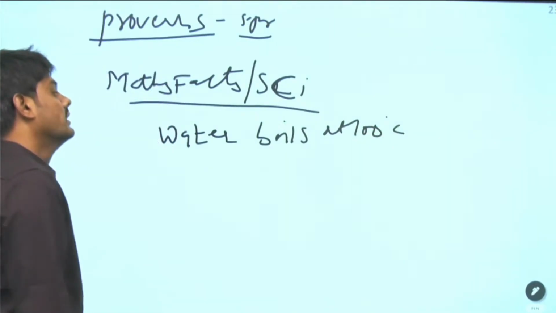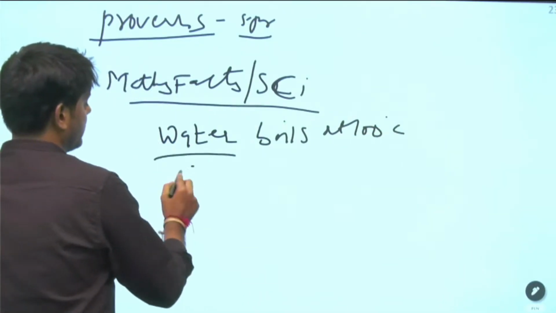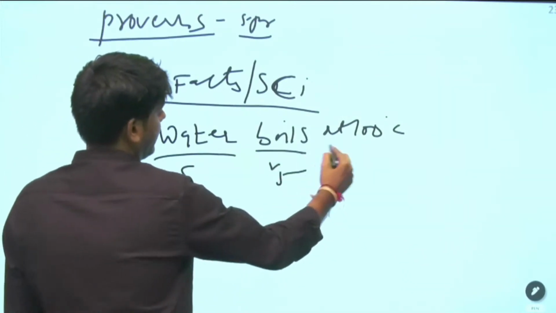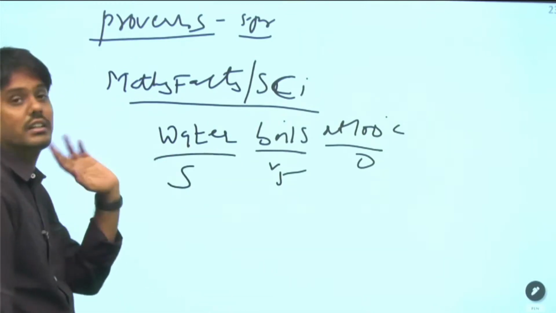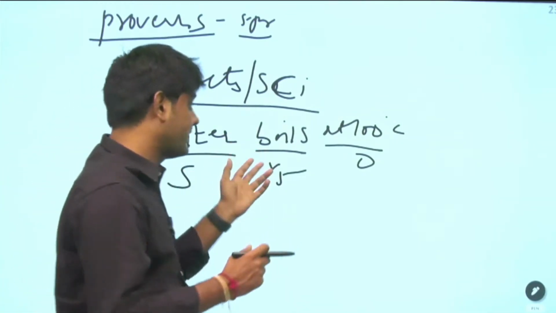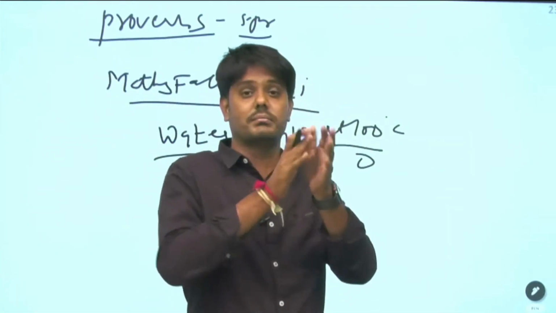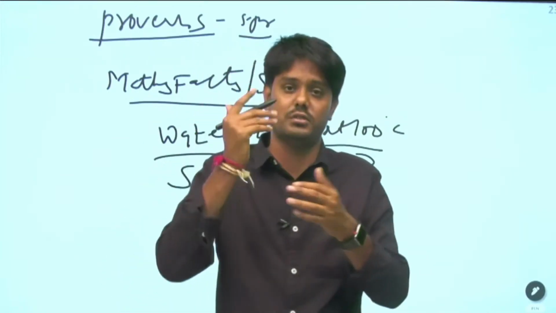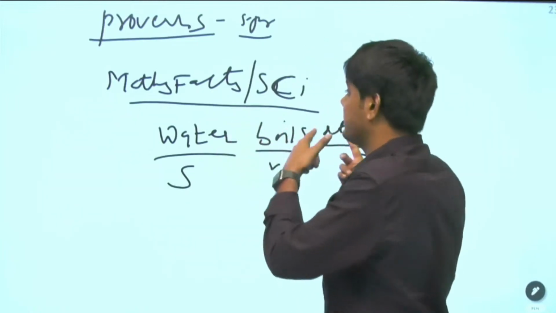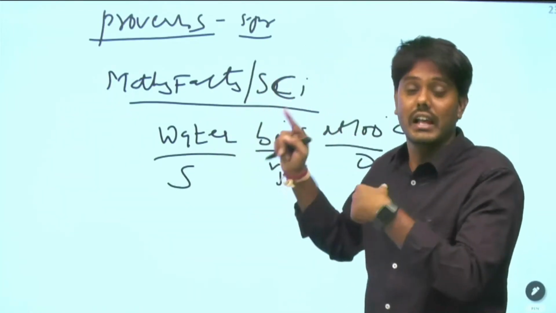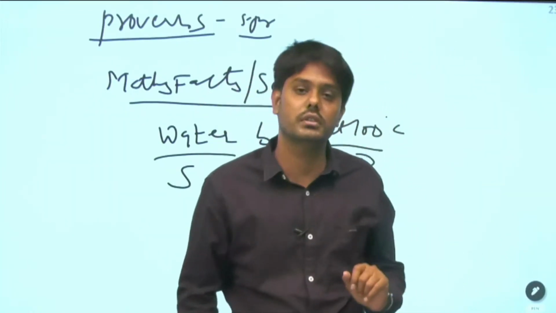Here water is the subject, boils is V5, and at 100 degrees centigrade follows. That is the simple present tense structure. You can verify whether a sentence is in accordance with the simple present tense structure or not. If it is, then obviously you have to express it in simple present tense only.